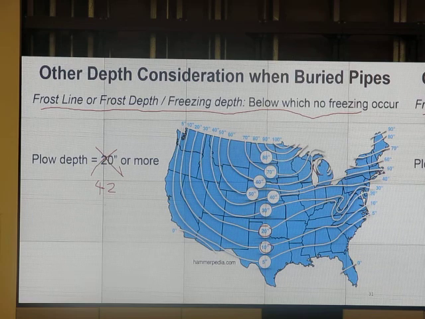Plow depth. Level land. You will vary the 42 to 48 inches. Okay. So that when other people grow cotton and they dig the hole, plow the soil, it doesn't hit the pipeline.